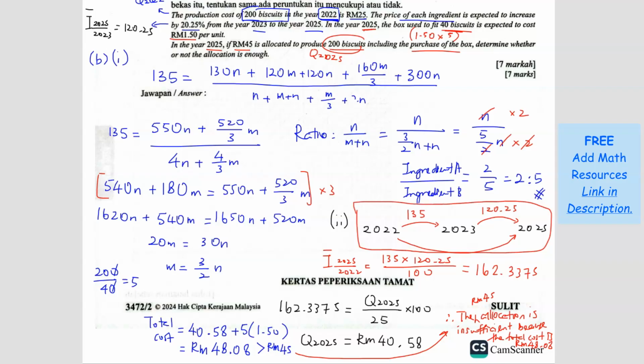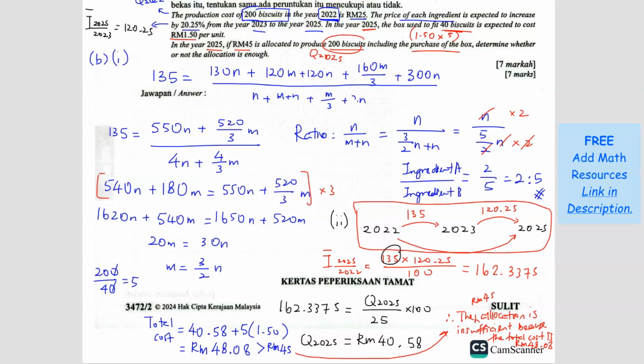Okay, so 135 is given to you from the previous question just now, and then this is what we found. So we can do the smiley: this times this divided by 100 will give you the 2022 to 2025 price index. So times and divide by 100, you get the composite index for 2025 based on 2022.